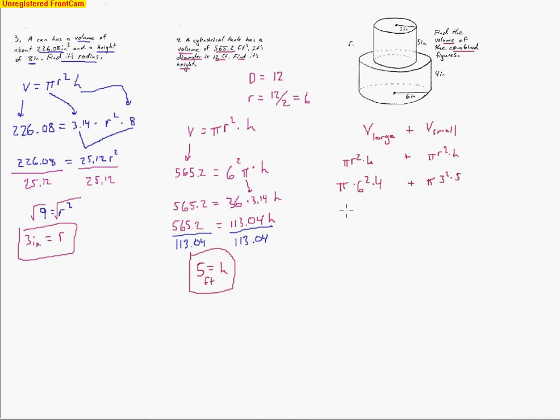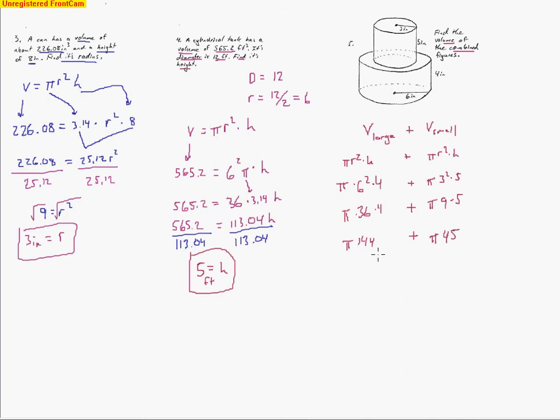So doing some work there, I get pi times 36 times 4. And then over on this side I have pi times 9 times 5. So 36 times 4 ends up giving me 144. So pi times 144 plus, and then on this side I have pi times 45.